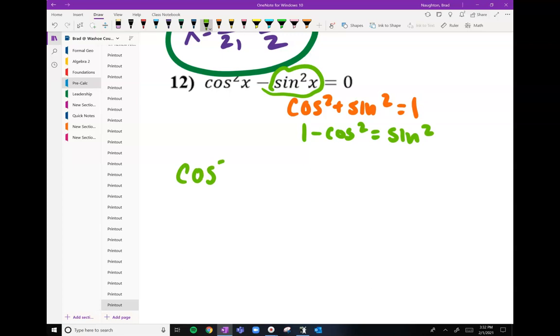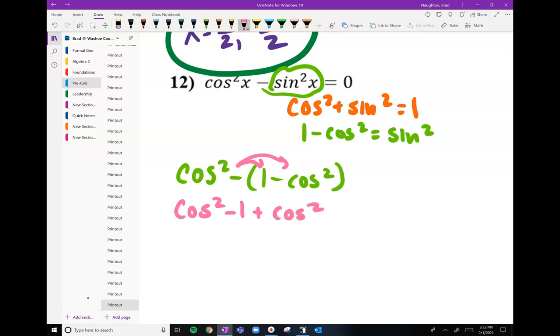So cosine squared minus 1 minus cosine squared. If I distribute this negative, I get cosine squared minus 1 plus cosine squared. Since these are like terms, I get 2 cosine squared minus 1 is equal to 0.